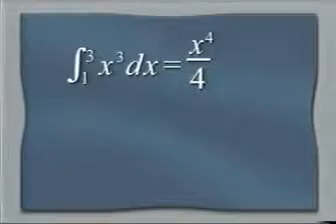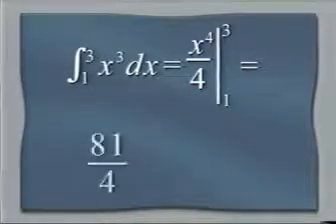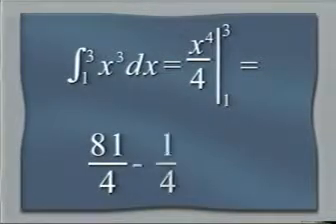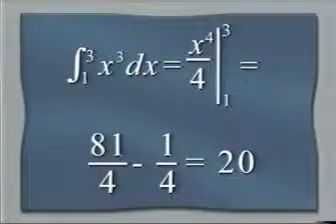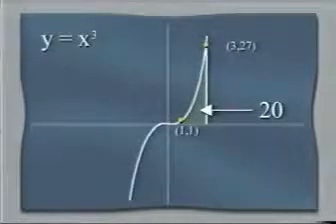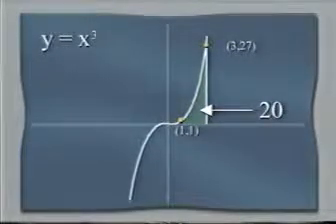When we evaluate this at 1 and at 3, we get 81 fourths minus 1 fourth, which is 80 fourths, which is 20. So the area under this irregular shape, bounded by two horizontal line segments, two vertical line segments at x equals 1 and x equals 3, the horizontal line segment of the x-axis from 1 to 3, and the curve y equals x to the third, is exactly 20.